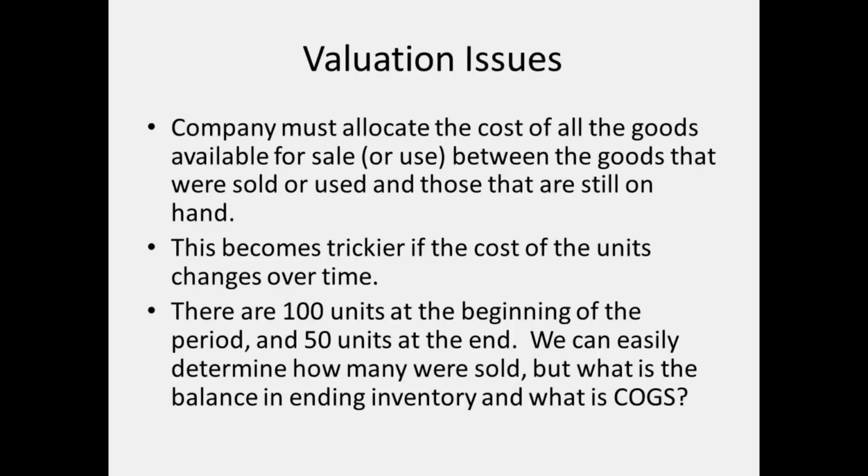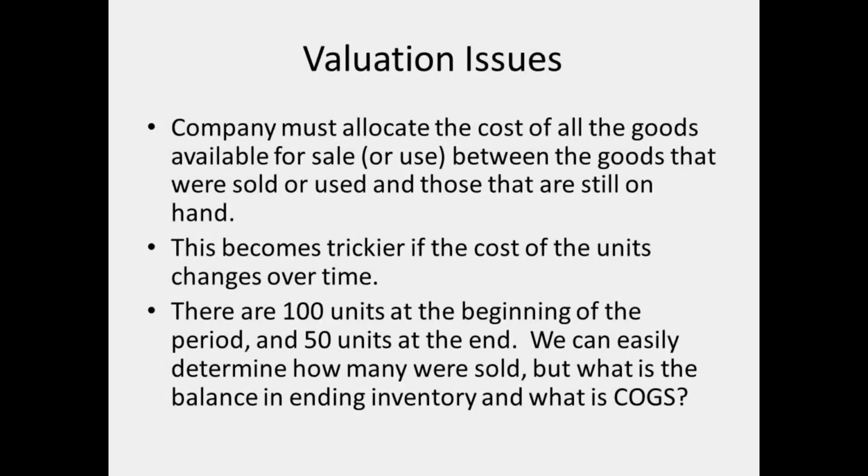Now, what happens instead if we had 100 at the beginning of the year, we bought another 100 in June, and over the entire year, okay, we sold 150 units. Did we sell the units that we had at the beginning of the year? Did we sell the units that we bought in the middle of the year, or a combination of the two?